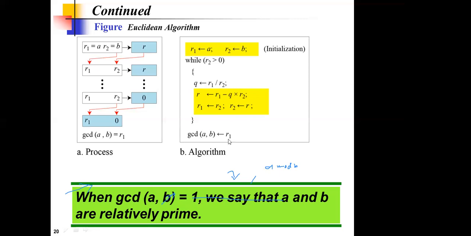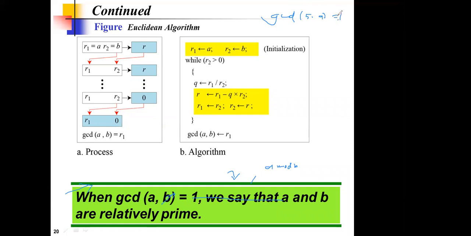But if I ask you, what's the GCD of 9 and 5? 1 স্যার। 5 and 9 is also 1.